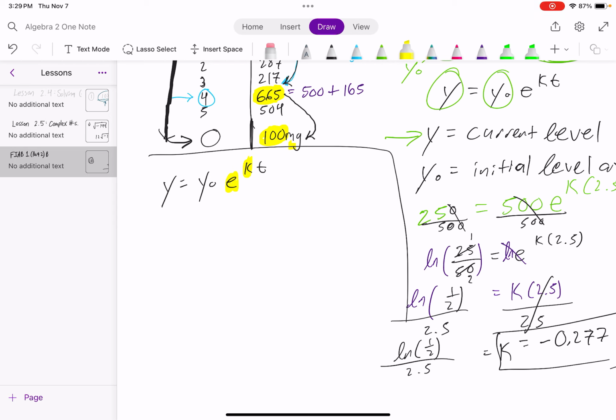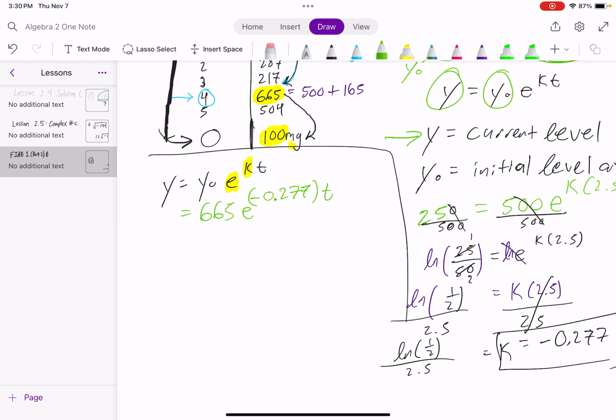So that means that my initial value is 665. So I'm going to write 665 e to the k, which we know is negative 0.277, t is equal to, what's my y value?